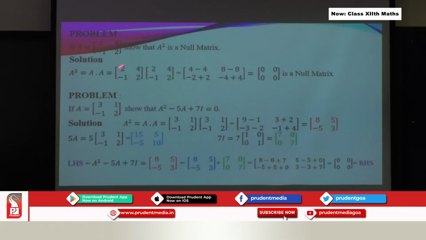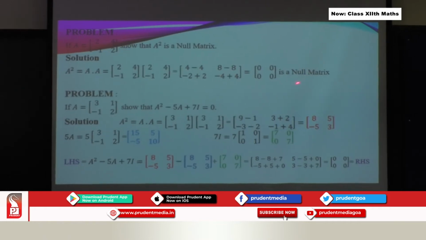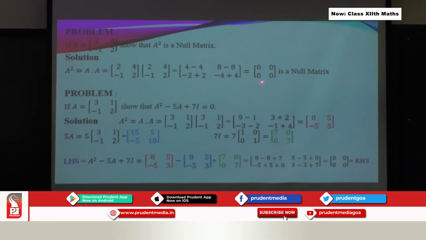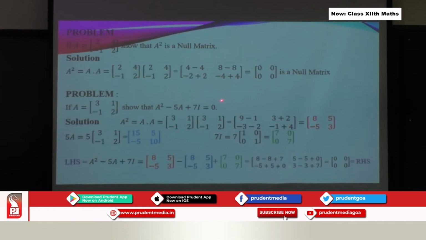Now over here, I will be finding A square. So A into A, I have a square matrix over here. When you multiply two square matrices, what do you get? The final output you get is again a square matrix. So you don't have to check whether the given two matrices are conformable or not.